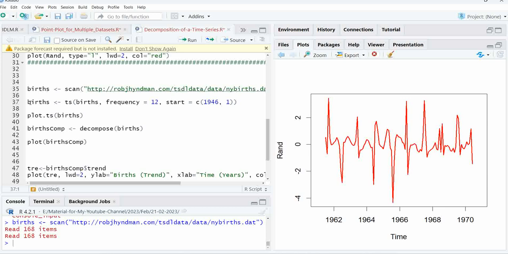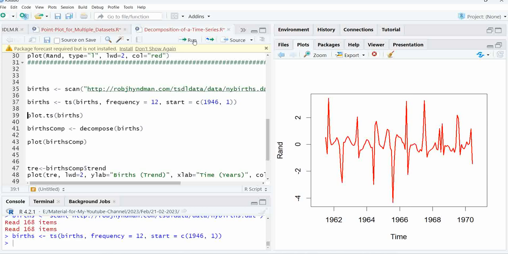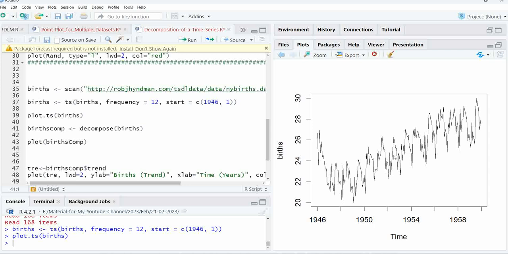So now I'm preparing this data for the decomposition. Birth time series, which makes this a time series object. Birth, frequency 12. This is monthly data, and it starts from 1st January 1946. And let's do this. And now plot birth. Okay, this is interesting data.